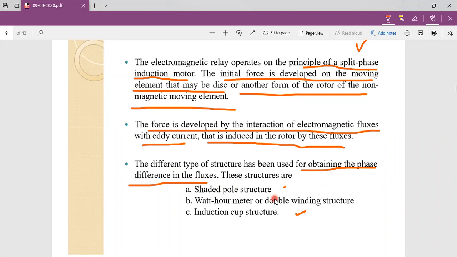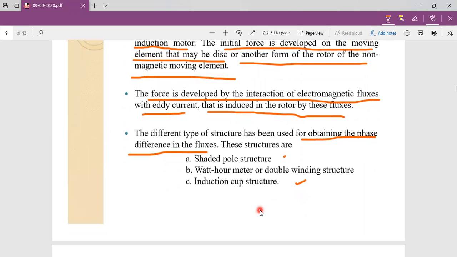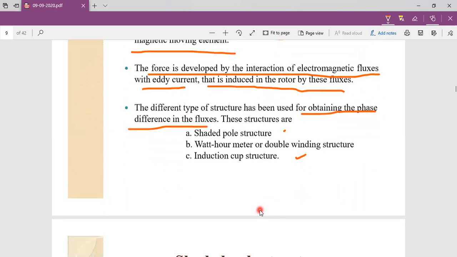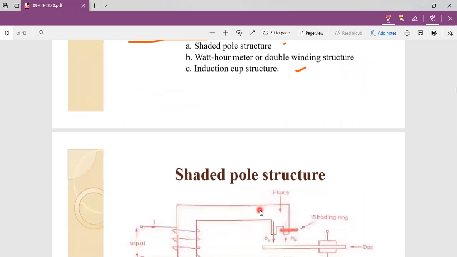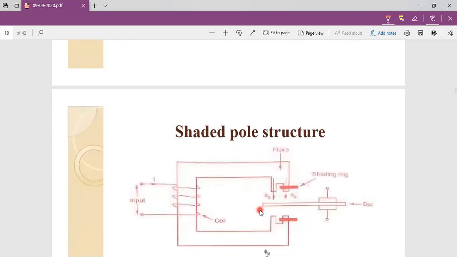We will see them one by one, and how these structures provide torque on the disk. First, we see the shaded pole structure type.